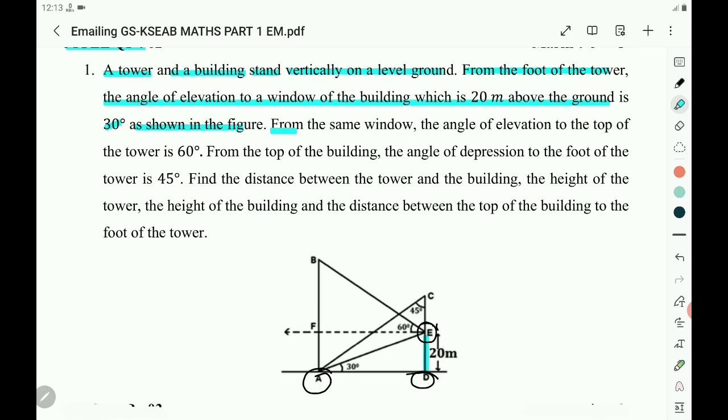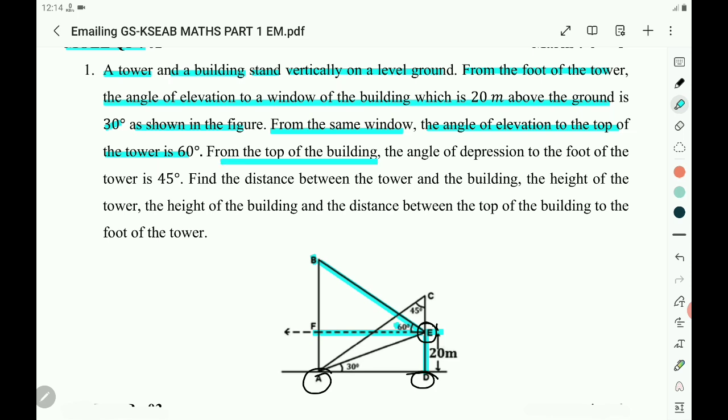Next, from the same window, means from the point E, the angle of elevation to the top of the tower is 60 degree. Top of the tower is B, angle of elevation from the window is how much? 60 degree.